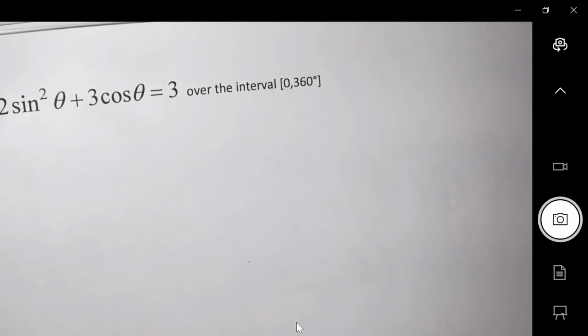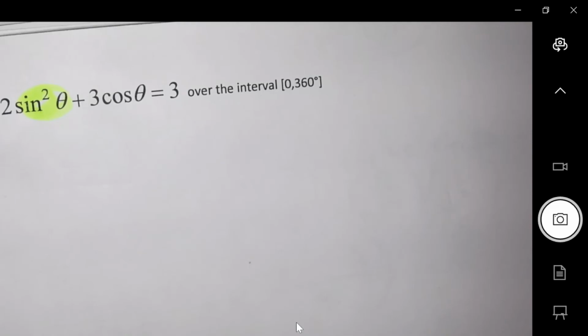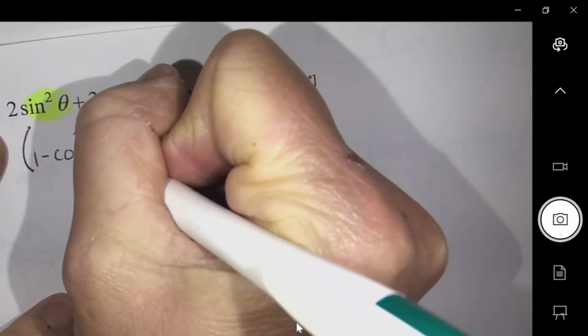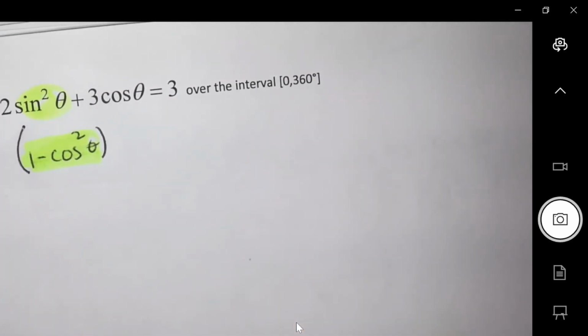Okay, last question. So again, we start with the problem of there's sines in here and cosines in here. I don't like that. So there's going to be a substitution I'm looking for. And my eyes are always going to go towards the squared. Okay, so I found something on my formula sheet to replace that with.